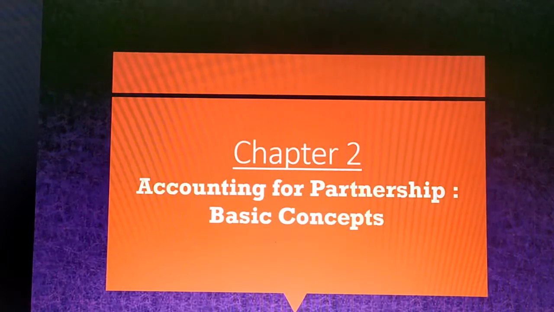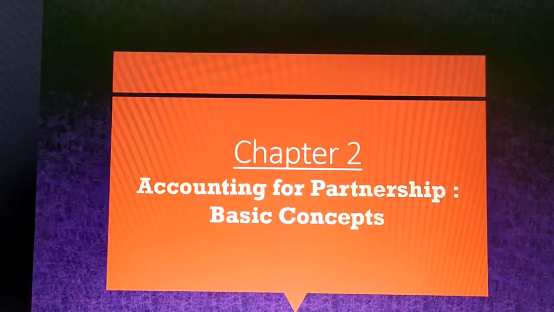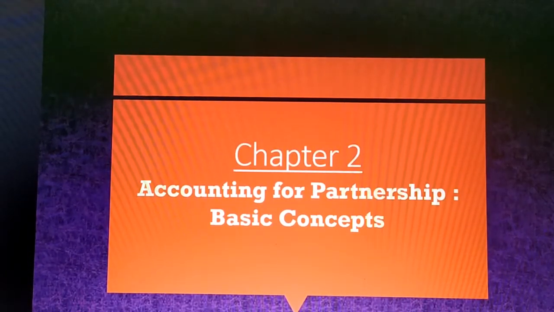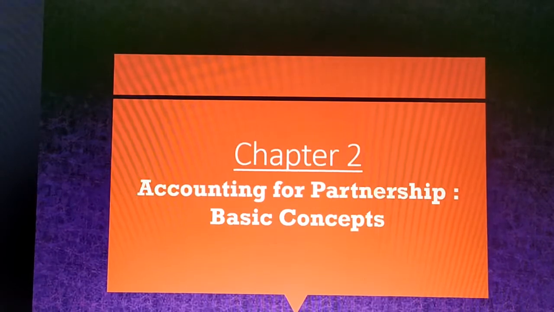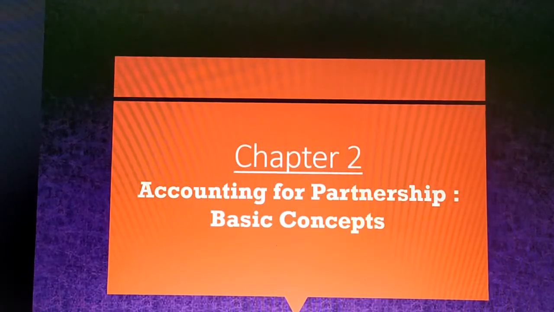Now what is partnership? You're familiar with its definition. Partnership is a relation between two or more persons who have agreed to do some business, and they have also agreed to share its profits and losses.